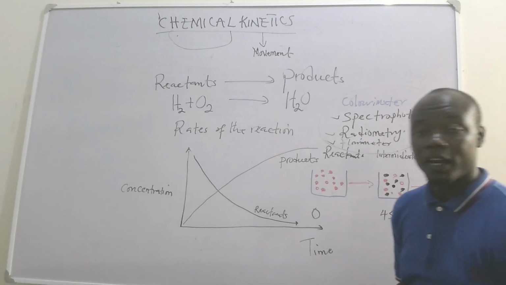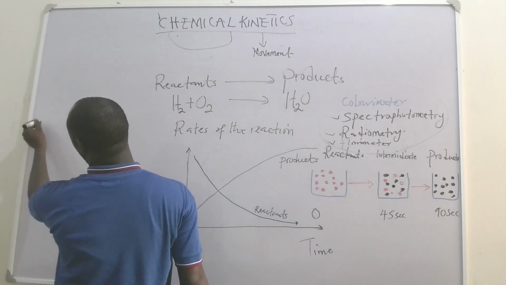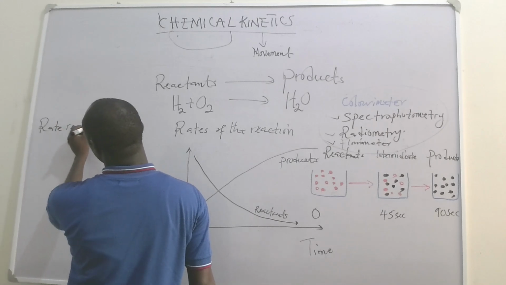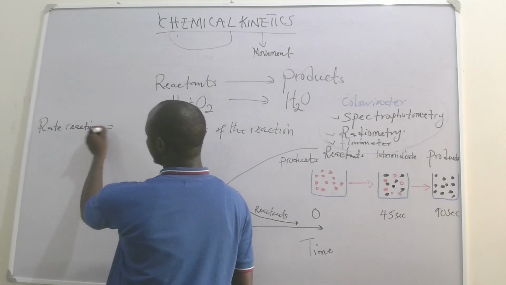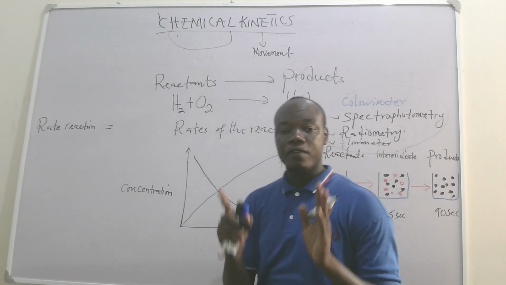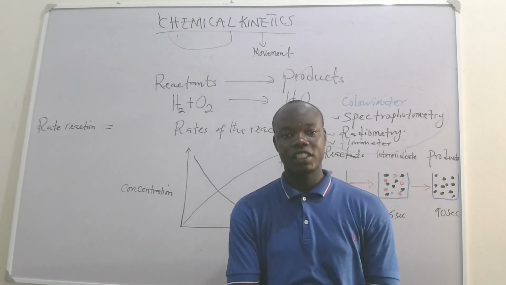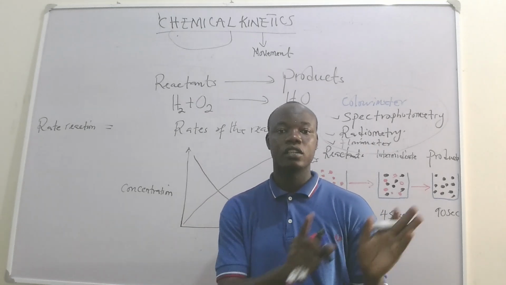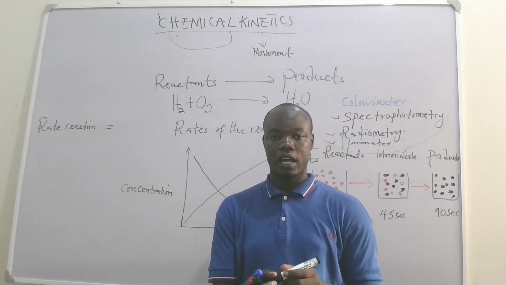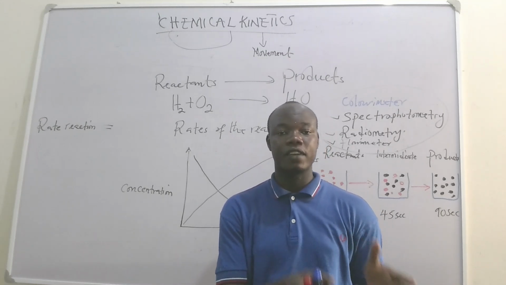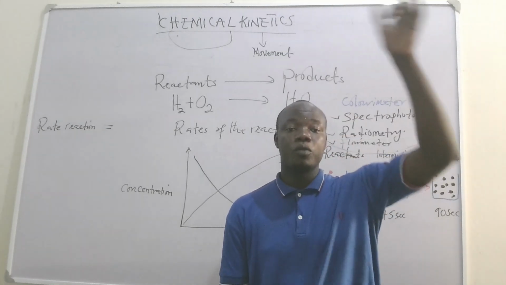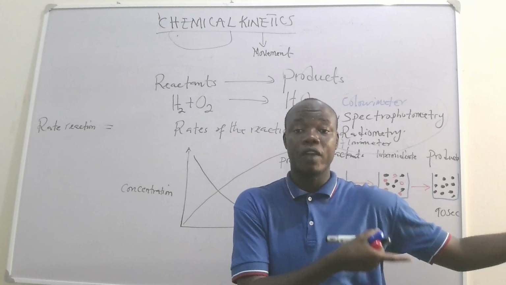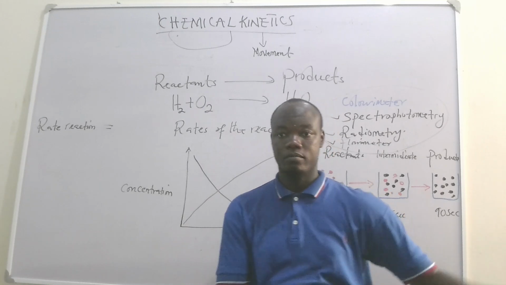In measuring the rate of the reaction, one, the rate of the reaction can be measured based on the appearance of product and disappearance of reactant with time.